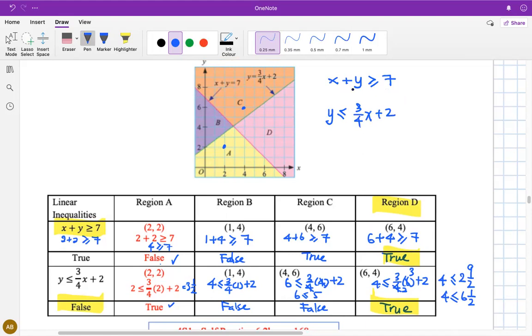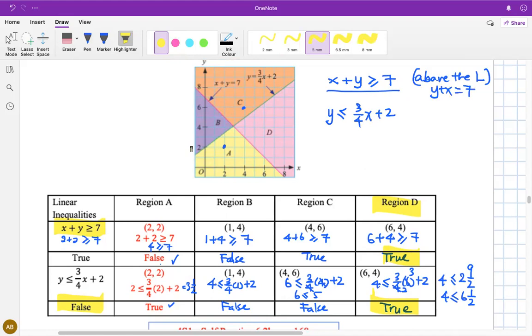So we already learned, right? x plus y greater than 7 is the region above the line. So here's the line of x plus y equals 7. Above the line x plus y equals 7. So we highlight x plus y equals 7.